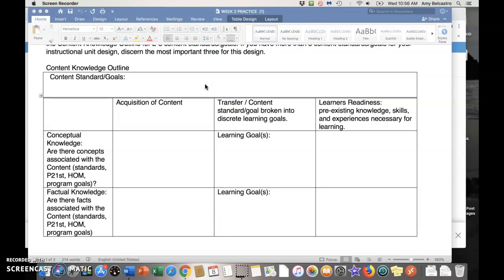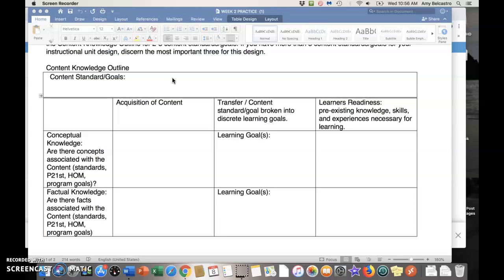So I'm going to leave that to your professional discretion, whether you want to list 1 to 3 of your standards. Sometimes content standards or professional goals naturally merge and complement each other, and other times you'll see that there's a real outlier.